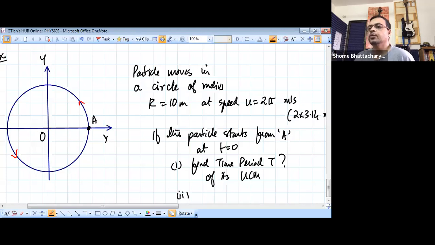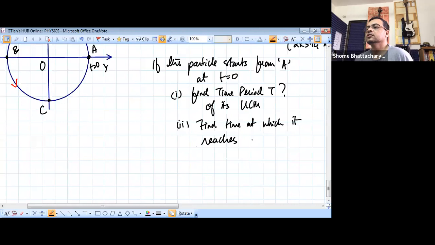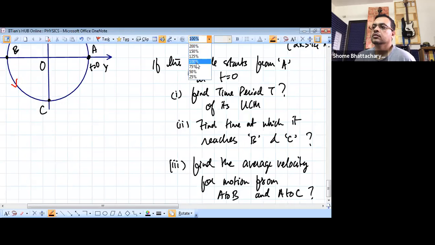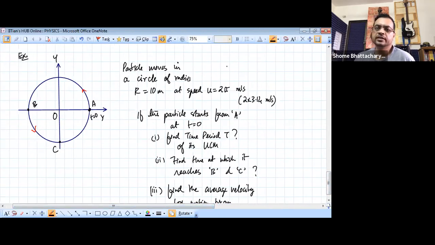Secondly, if this point here is B, and this point here is C, then find the time at which it reaches B, and similarly the time at which it reaches C. And third, find the average velocity for the motion from A to B and A to C. Just try this out. Uniform circular motion. I had written earlier, UCM means uniform circular motion.